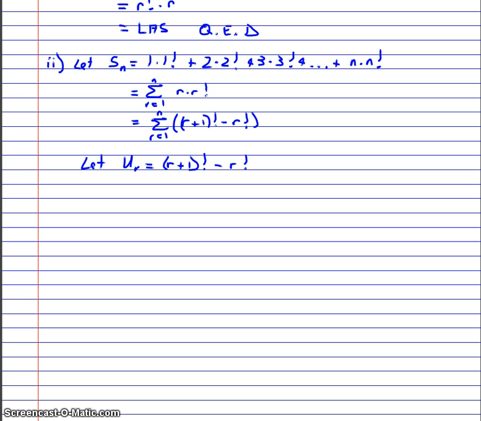Now what we can do here straight away is to let that be a difference, Vr minus V(r minus 1), where Vr is equal to (r plus 1) factorial.